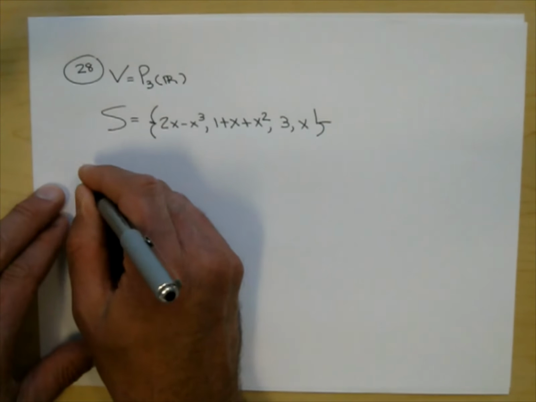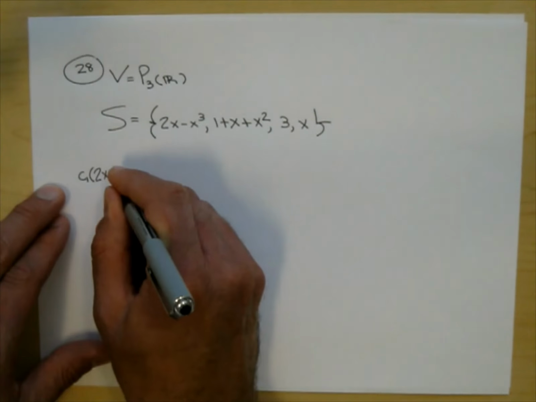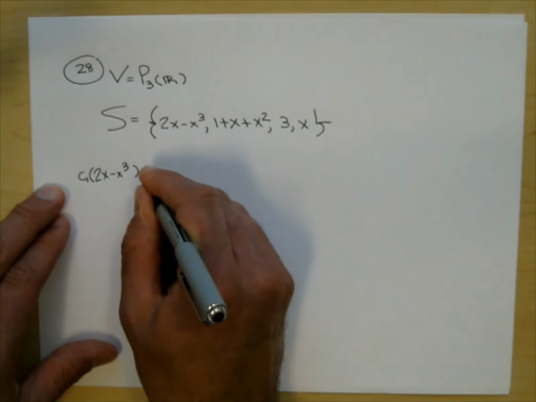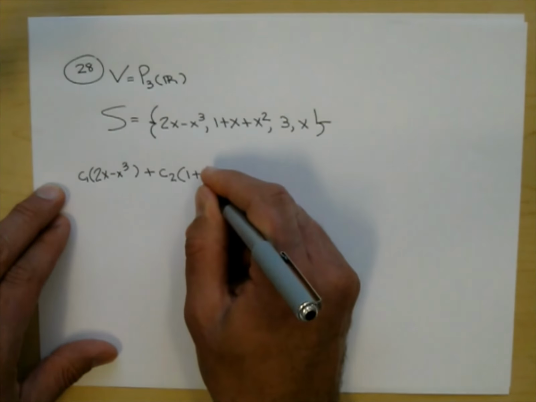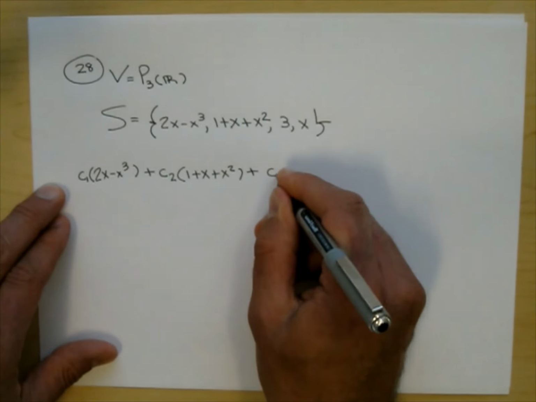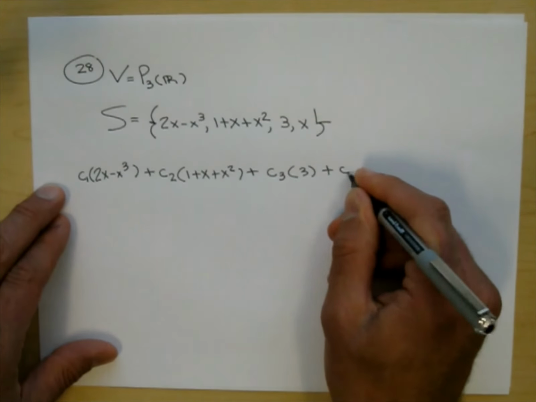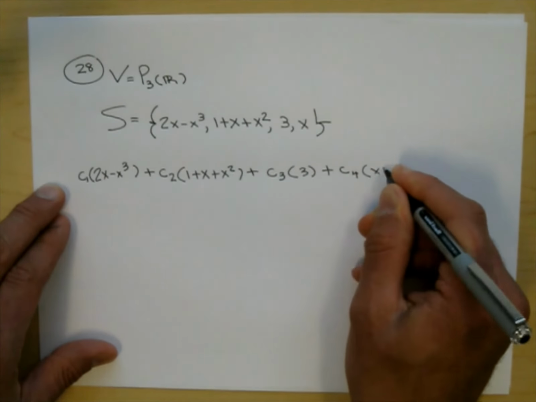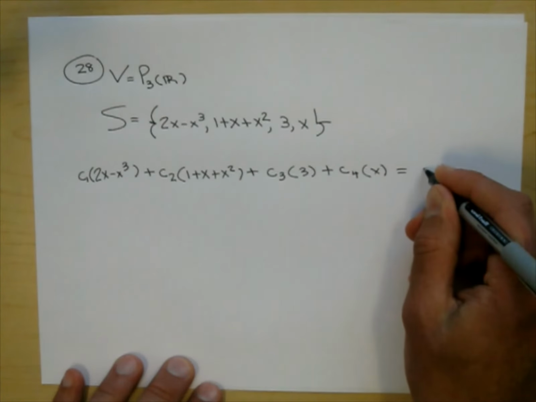So let's go ahead and write out the linear combination. So this is c1 times (2x minus x cubed) plus c2 times (1 plus x squared) plus c3 times 3 plus c4 times x. This equals the 0 vector of P3, which is just the polynomial 0.